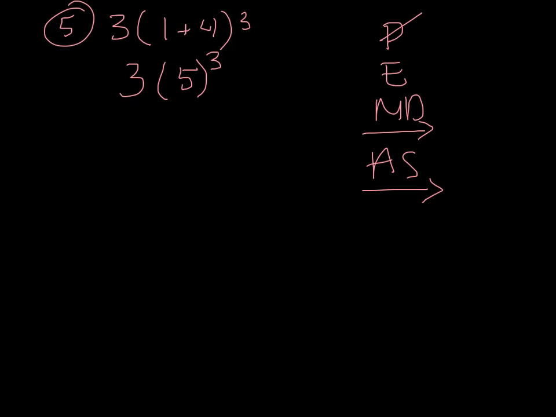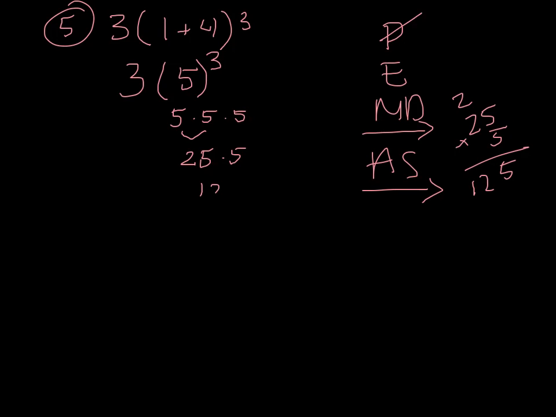Now what about my exponents? I have to do 5 times 5 times 5. 5 times 5 is 25. Then I bring down my times 5. 25 times 5. 5 times 5 is 25. 5 times 2 is 10, plus 2 more is 12.